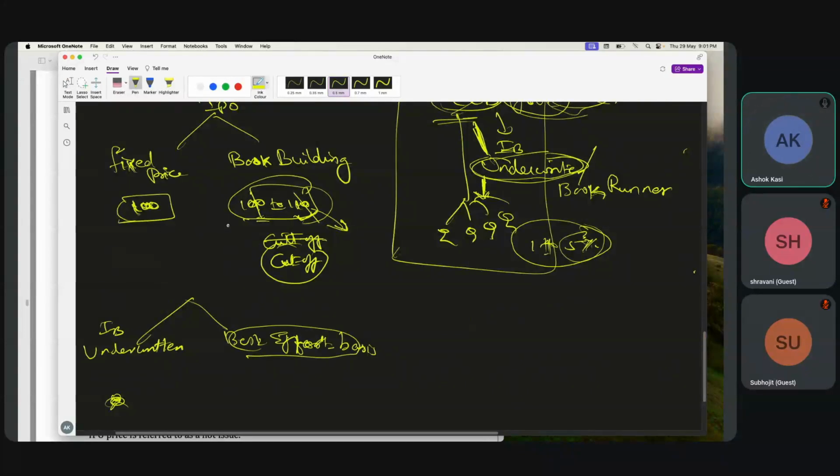Best effort means this investment bank just will do all the documentation work with the regulators, so that from the documents point of view, rules point of view, nothing is pending. And then once it hits the market, automatically demand will come up. Why? Because it is a government company or a big branded company, something like Tata or Ambani companies. All these are branded, right? So automatically the curiosity will be built up. That is best effort basis.